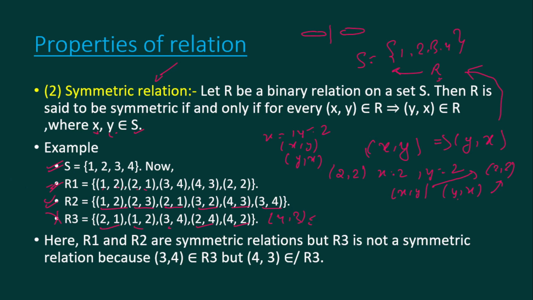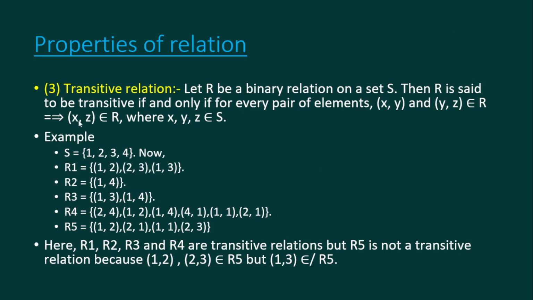Now let's move toward the third property, that is the transitive relation. Let R be a binary relation on set S, again that set 1 comma 2 comma 3 comma 4.